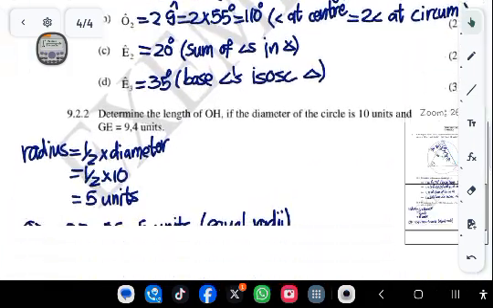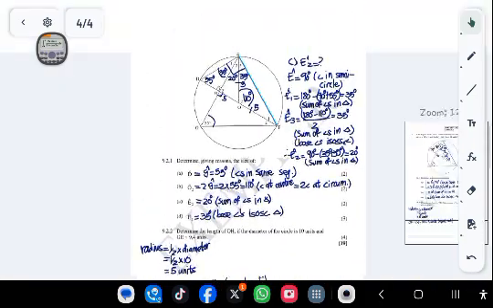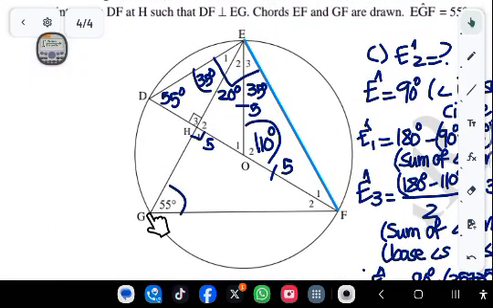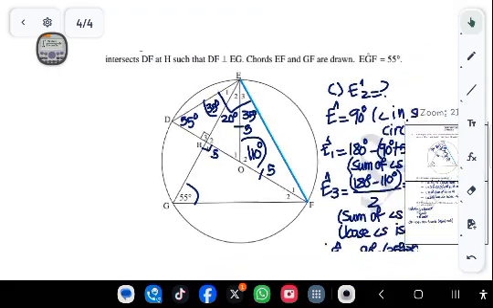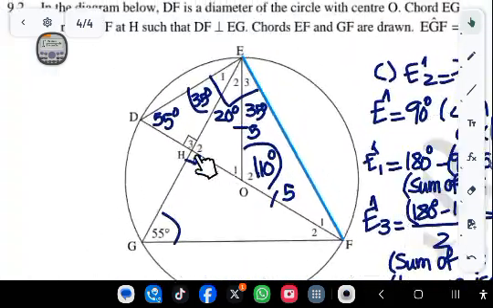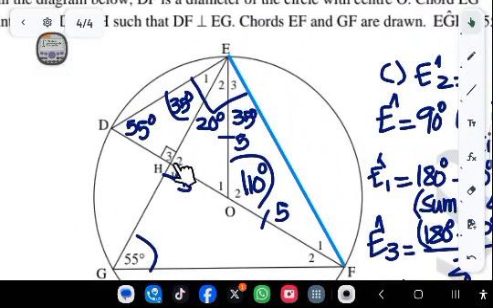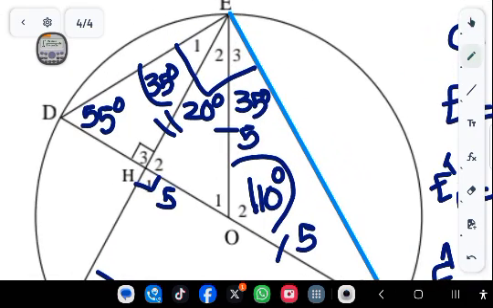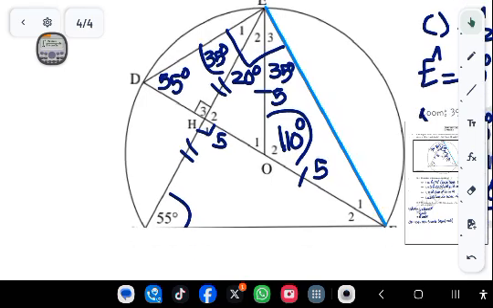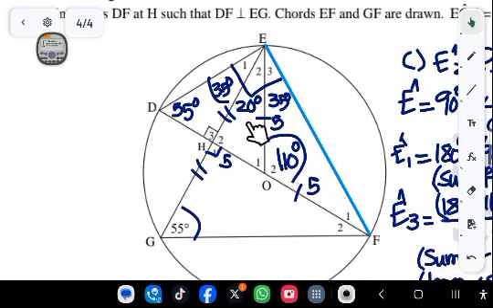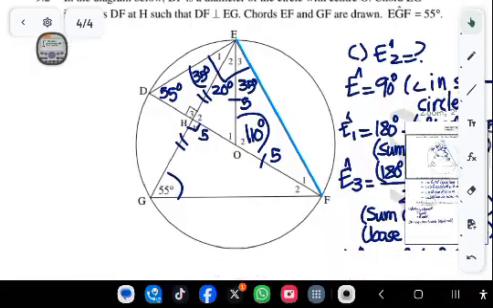Now we've got OE in a right angle triangle, and we are told that GE is equal to 9,4 units. But notice that GE is a chord that is perpendicular to the line through the center of the circle, OH. So OH bisects GE, meaning that EH is equal to HG, and each one of them is half GE.